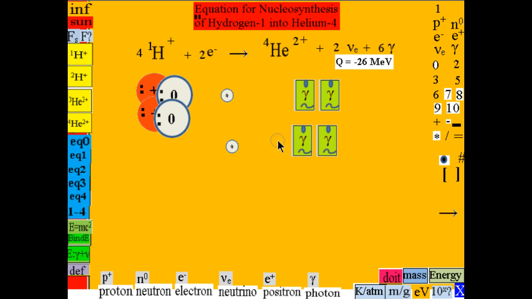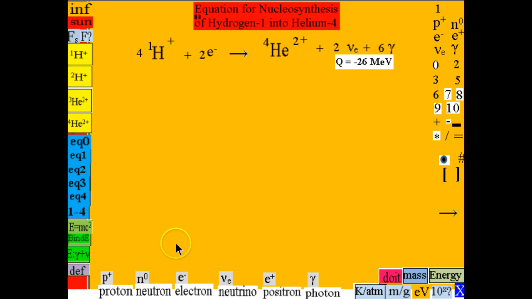And that is the same here. And I have to say, when the helium nuclei is created, 2 photons are also emitted. Now you have a helium-4 nucleus, you have 2 neutrinos, and you have 6 photons.